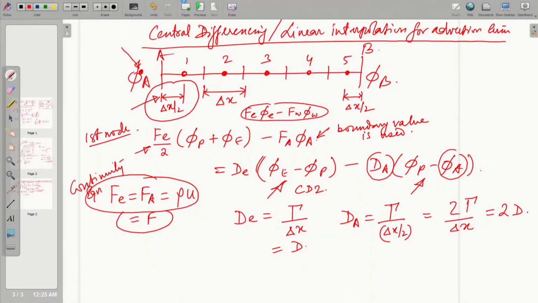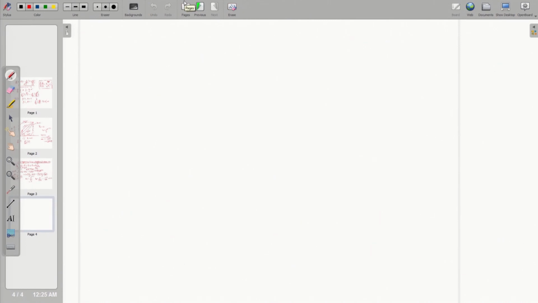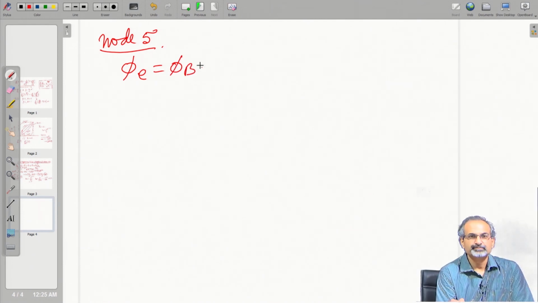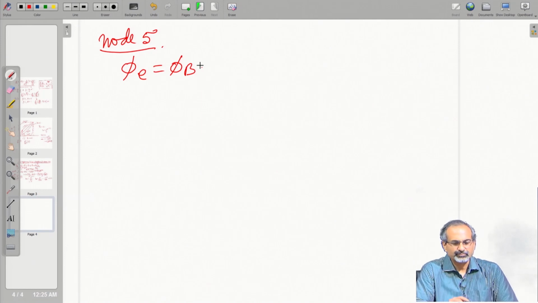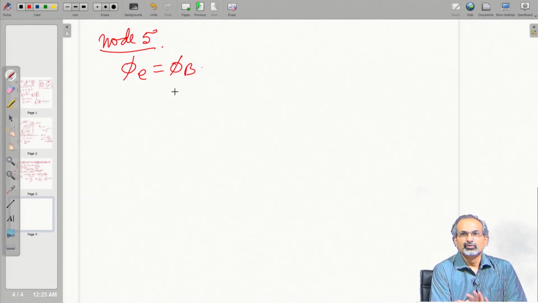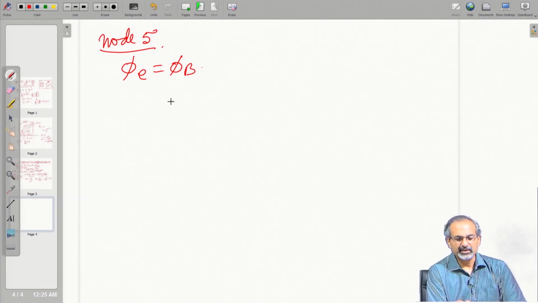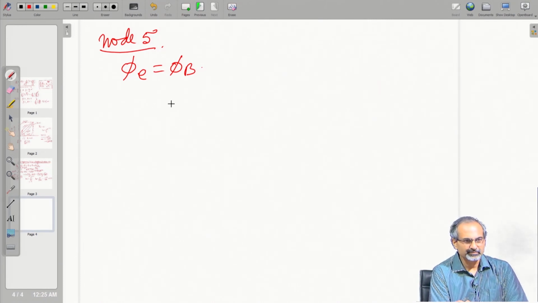How would I do it for other nodes? Let us try to go to the node 5. Remember that phi e is equal to phi b for the node 5, because that is how we bring in the boundary value, while phi w will continue to be estimated based on the linear interpolation, right.